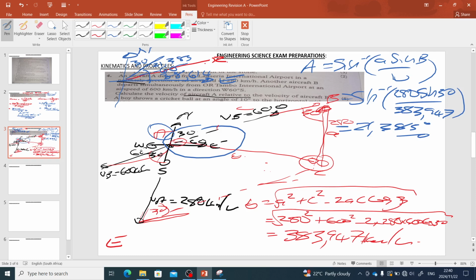The cardinal point close to my resultant is east, and the angle of deviation is 38,614 degrees north. Or if you start with north as your reference point, then your answer would be 30 plus 21,385, which is 51,385 degrees east.